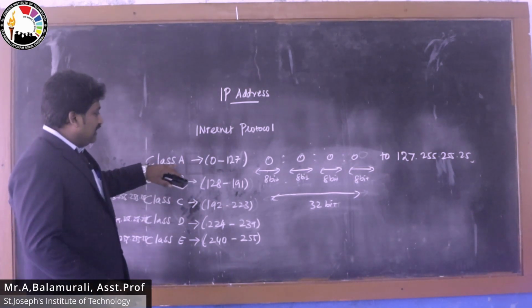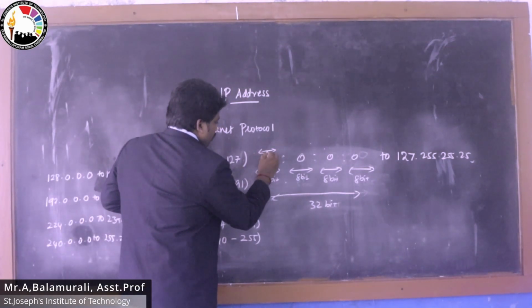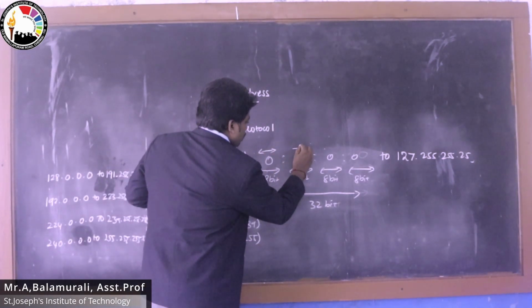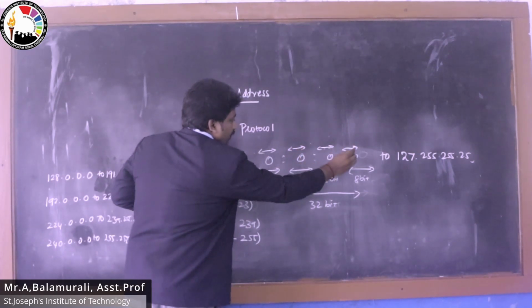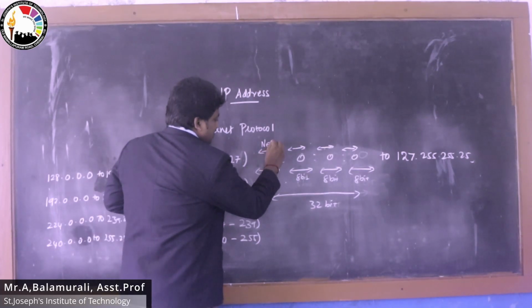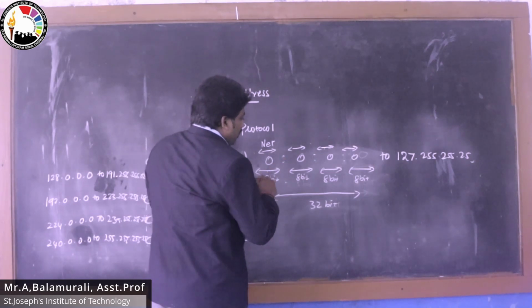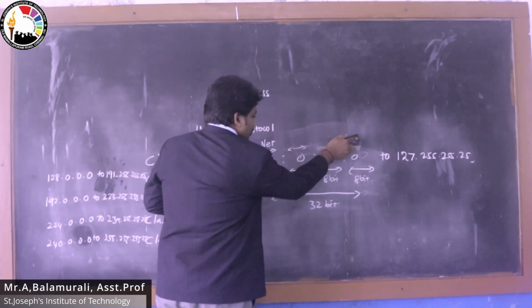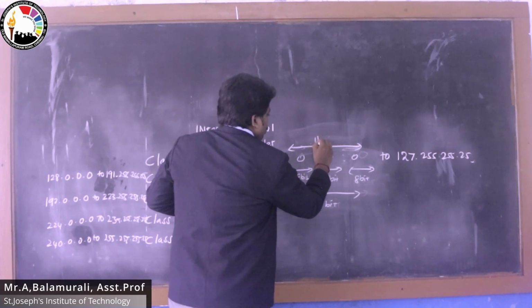In Class A, we already know about the 4 partitions. The first 8 bits are called the net ID, and the remaining 3 octets are the host ID.